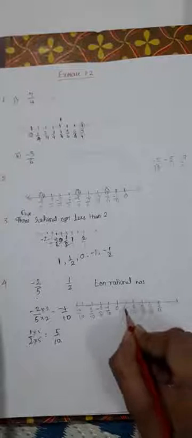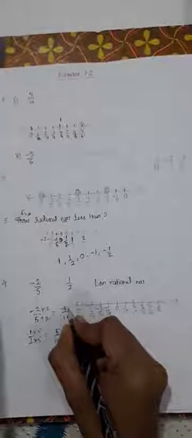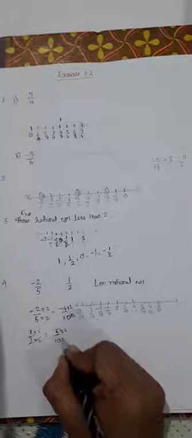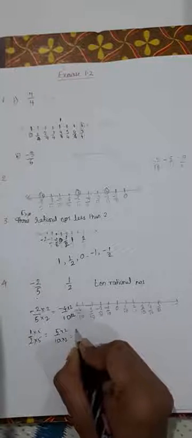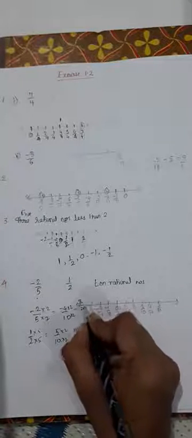That gives 1, 2, 3, 4, 5, 6, 7, 8. But they are asking for 10 rational numbers. So we will multiply the numerator and denominator again by 2. It is 10 by 20 and minus 8 by 20.